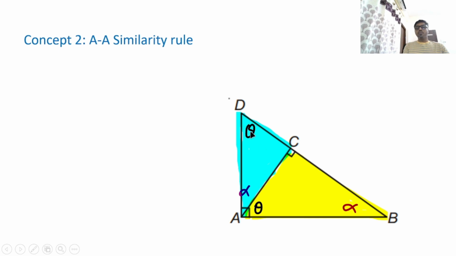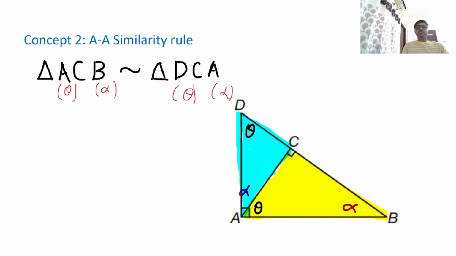So there is one set of angles equal, theta and theta. And in the same way you see the other set of angles, alpha here and alpha here. So the AA similarity rule says that if two triangles have two sets of angles equal, then they have to be similar. So with that rule we can say that these two triangles are similar.